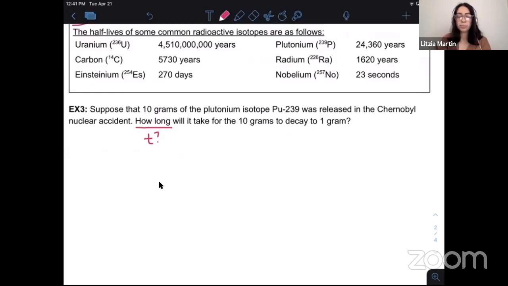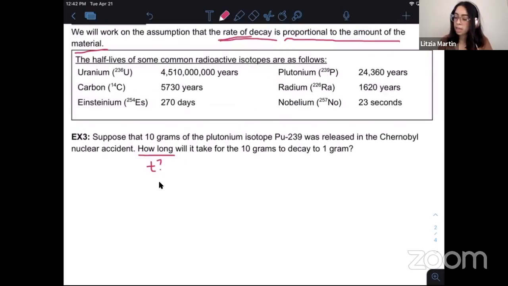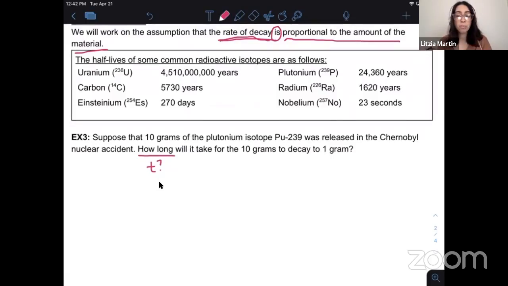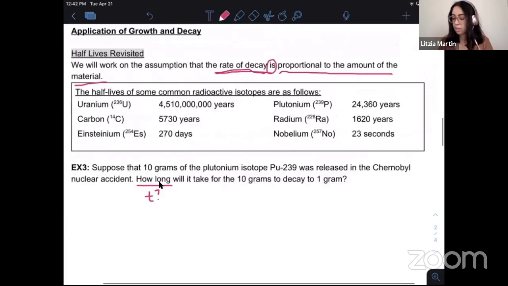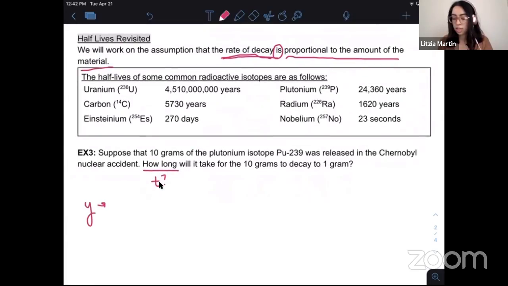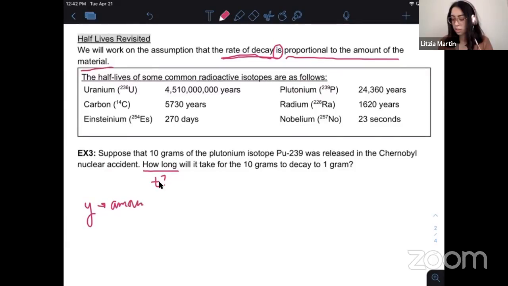Okay, so what we need to do is figure out what rate we're using. We're going off the assumption that the rate of decay is proportional to the amount of material. So we're talking about the rate of decay of the material. We'll say y is equal to the amount of material.